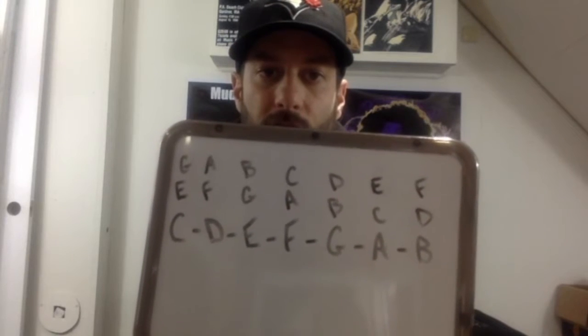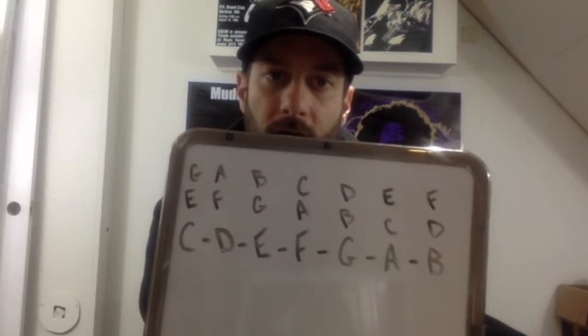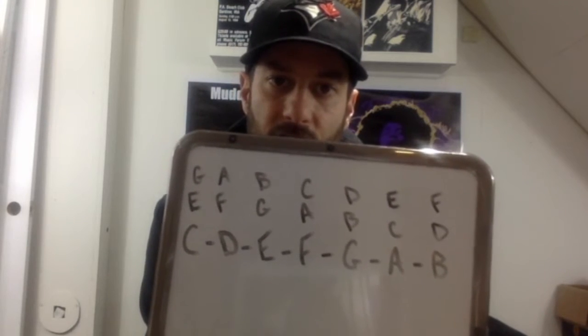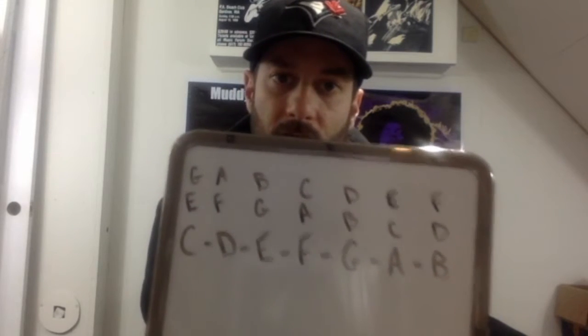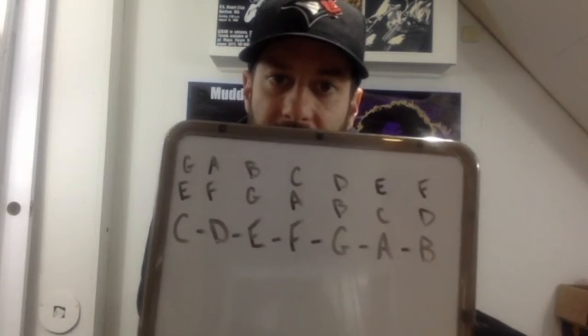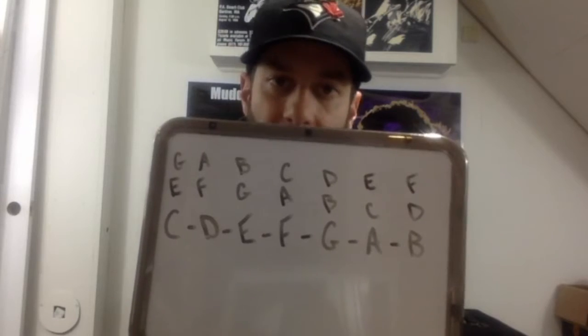We have the C, E, and G for our one chord. Our D is D, F, and A. Our E is E, G, and B. F is F, A, and C. Then we have our G, which has the B and the D. The A has the C and the E, and then the B has the D and the F.